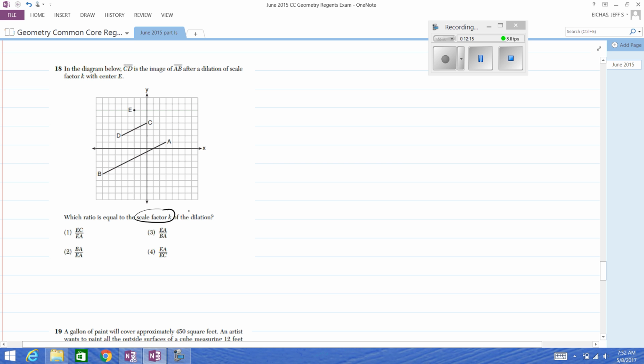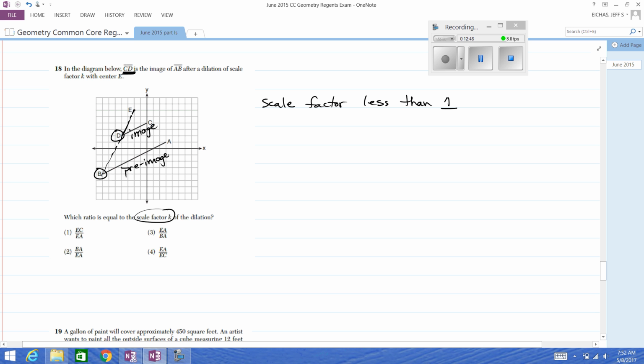Scale factor is what we're looking for. All right, so here's what we could do here. When we dilate, if this is the center of dilation, okay, D and B are corresponding, okay? So the scale factor is going to be less than 1 because this is the pre-image, and this is the image according to what I read up here.